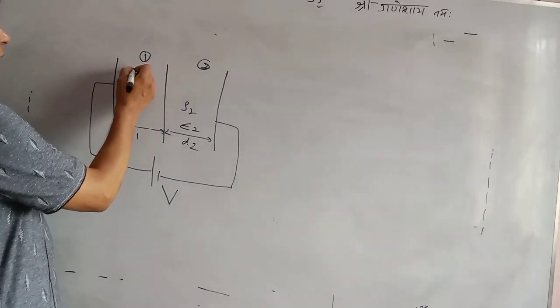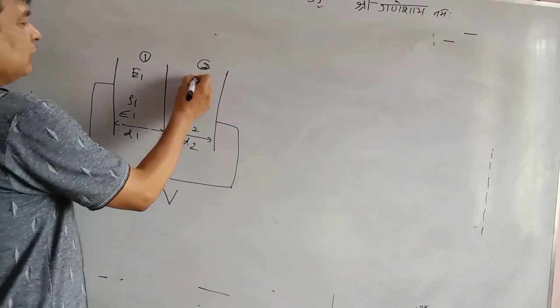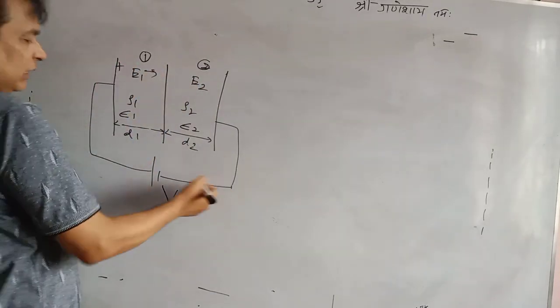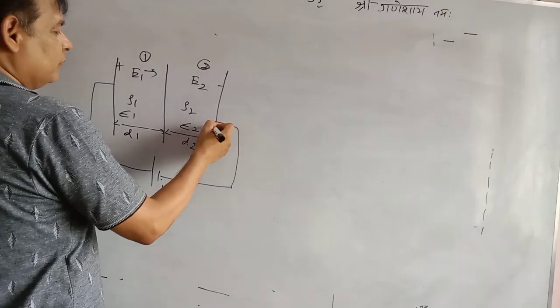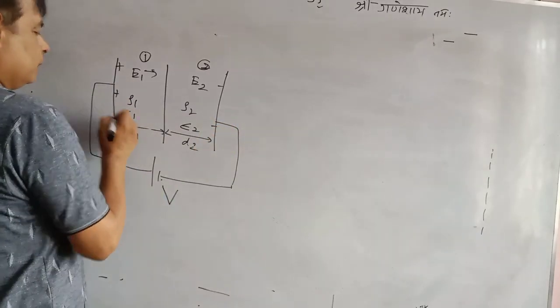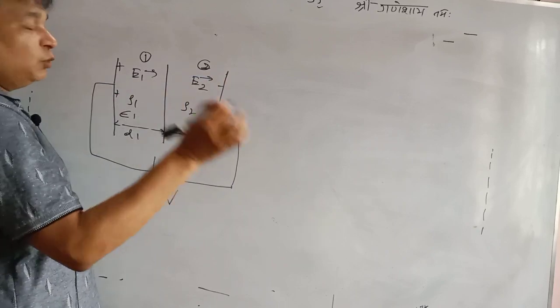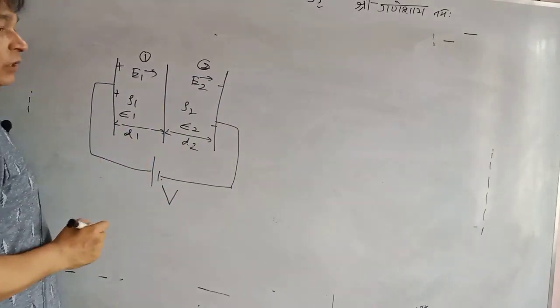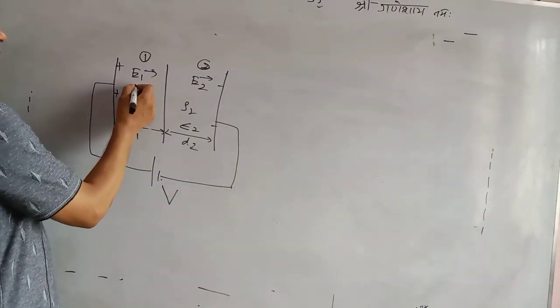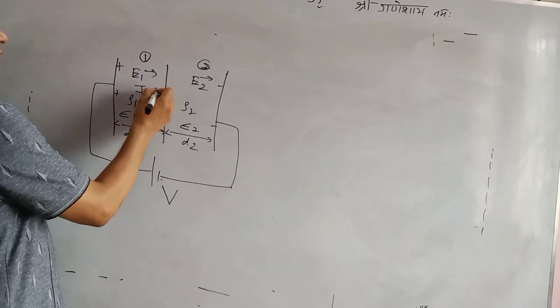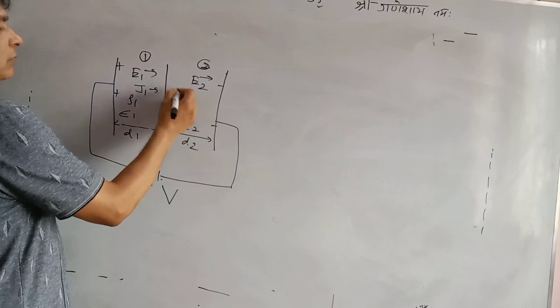Suppose here the electric field is E1 and here it is E2. E1 will be from left to right, suppose that plate is positive and that one is connected with negative. So E1 and E2 both will be from left to right. In the same way, the current density will also be from left to right, J1 in this direction, J2 in this direction.